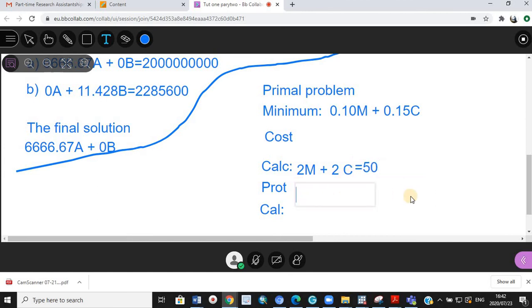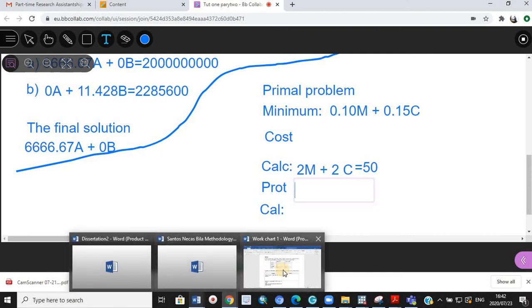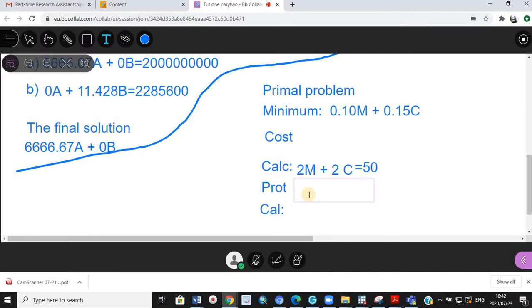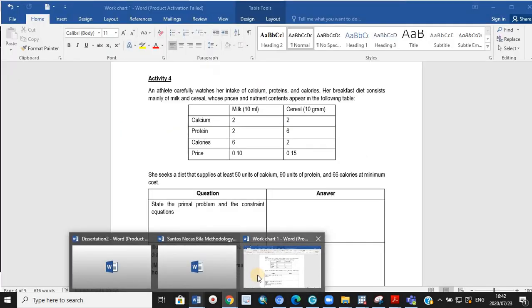Let's come to proteins. Again, let's go to our table and see the quantities of protein in each good or in each meal, milk and cereal: 2 and 6. We have 2 for milk plus 6 for cereal, and this must be at least 90.